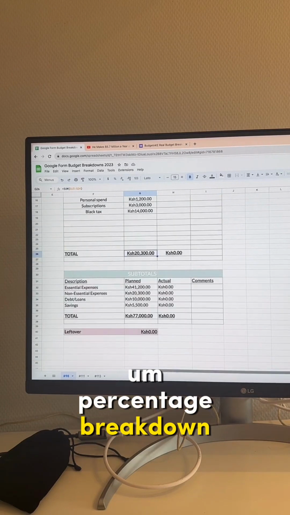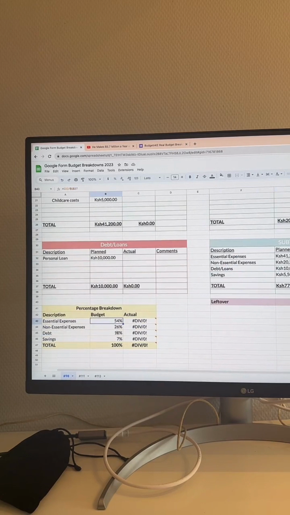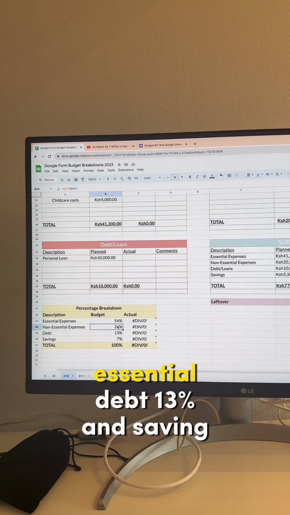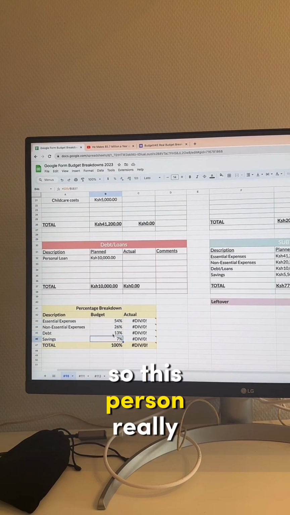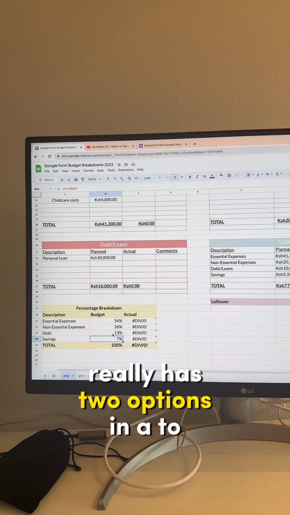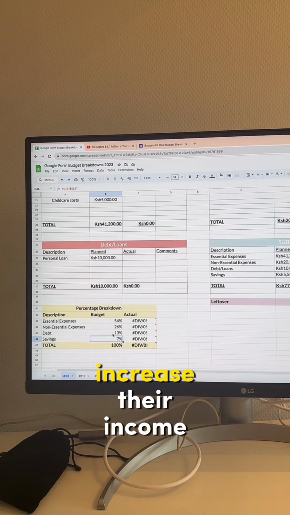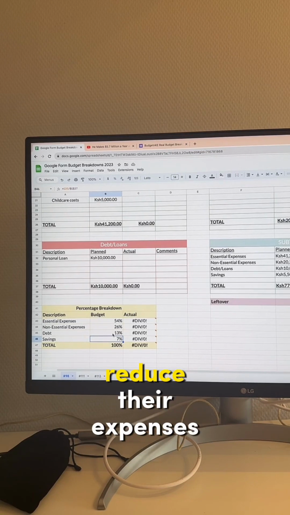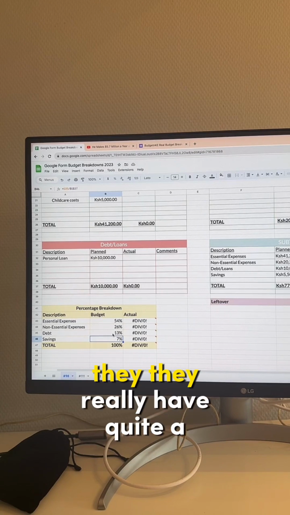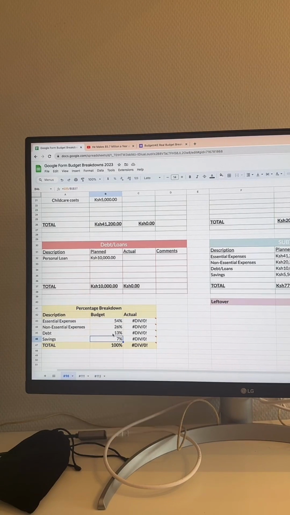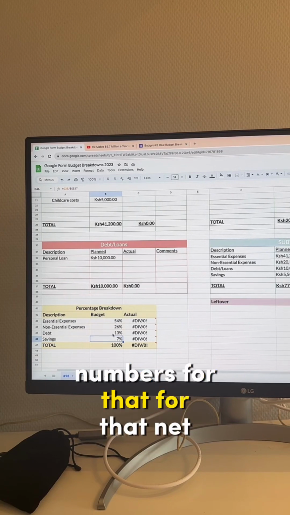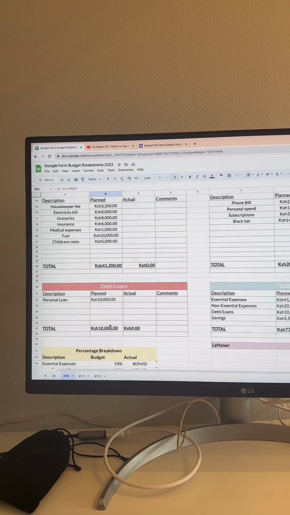Percentage breakdown, let's see. 54% essential, 26% non-essential, debt 13%, and savings 7%. So this person really has two options: either to increase their income, so their side hustles, or reduce their expenses. They really have quite huge numbers for that net income.